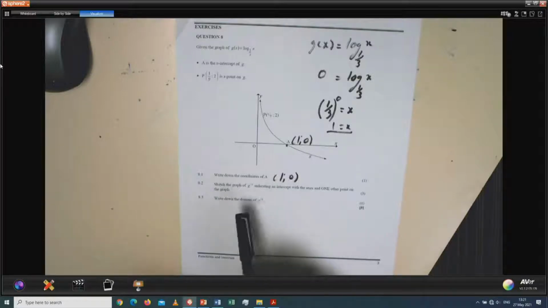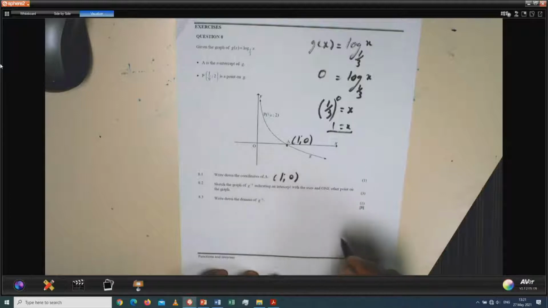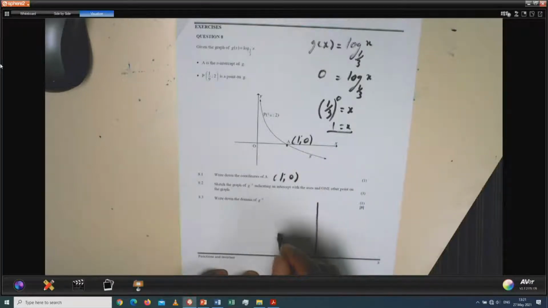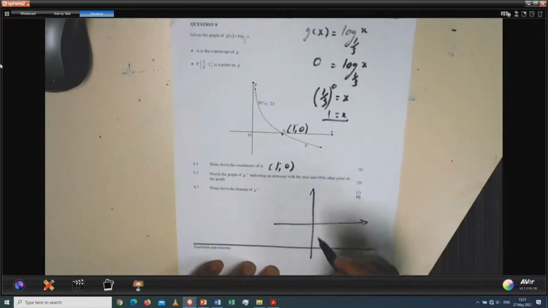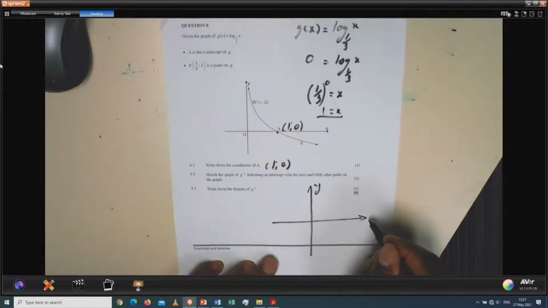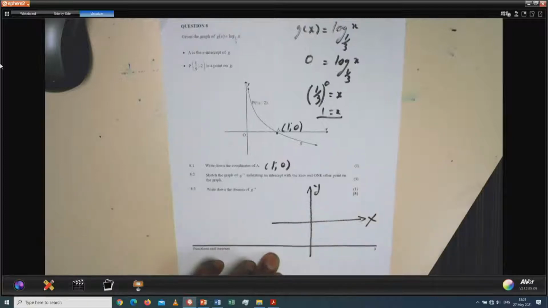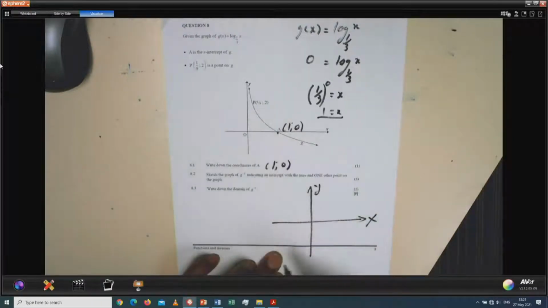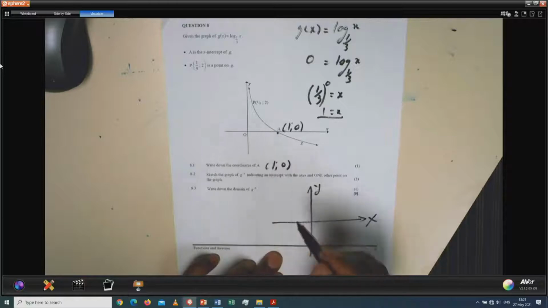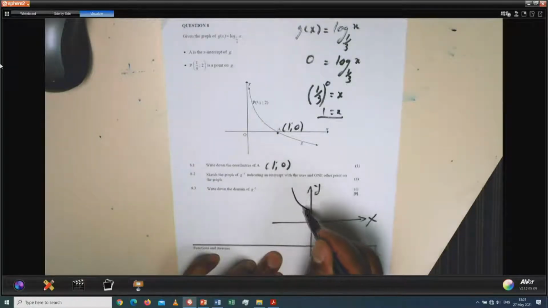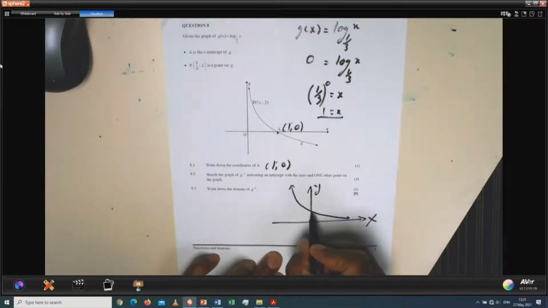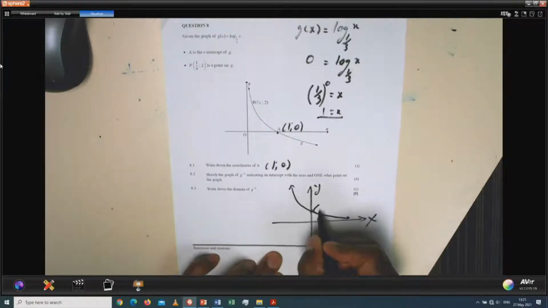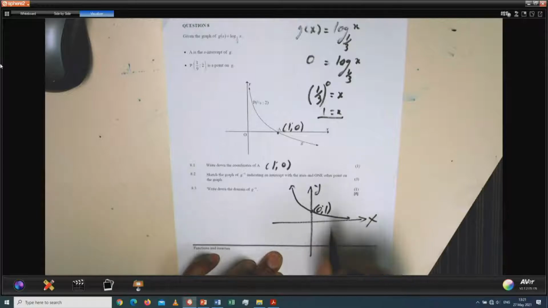How would you draw the inverse? According to the given restriction, I will just draw it here. Think you've got a Cartesian plane, the y-axis, the x-axis. The y-intercept is here: x is 0, y is 1.